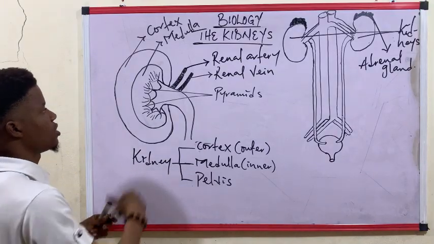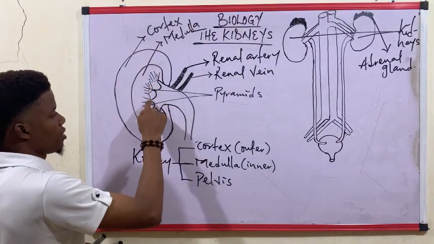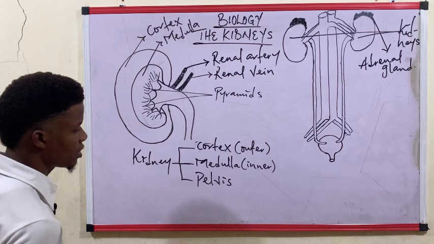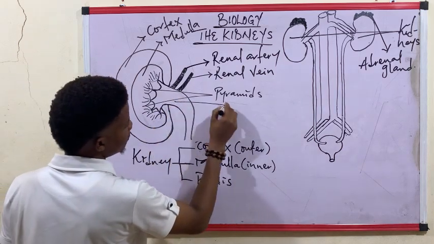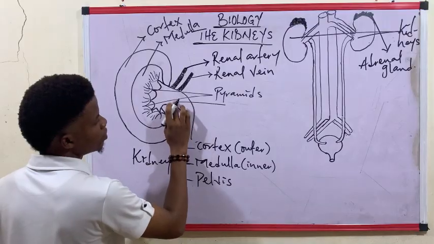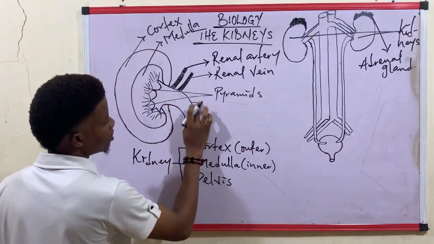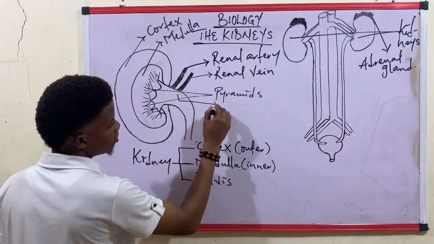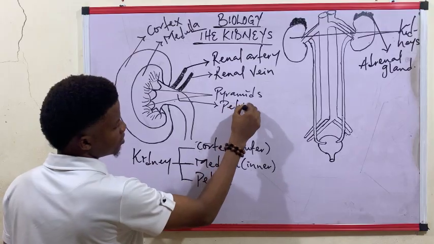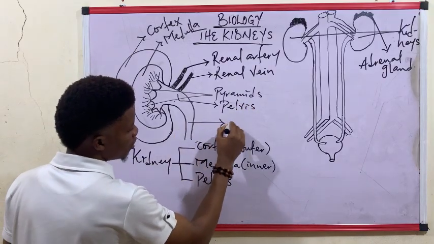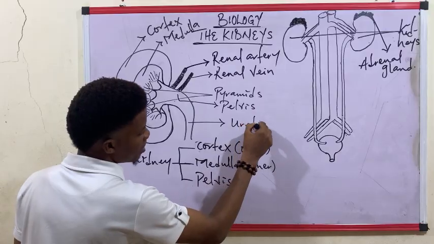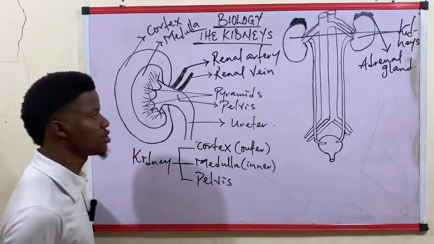So this thing you are seeing here is the pyramids. Then we have the pelvis around this region. So we have the pelvis, and then from the pelvis it leads us to the ureter. Are you seeing the trend?